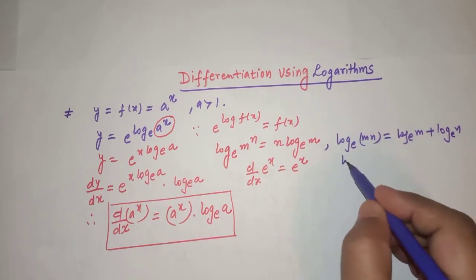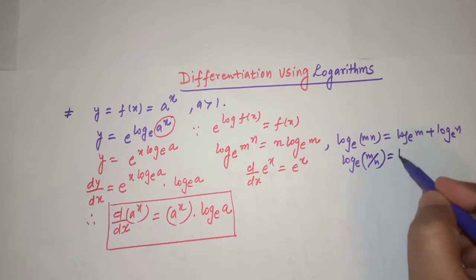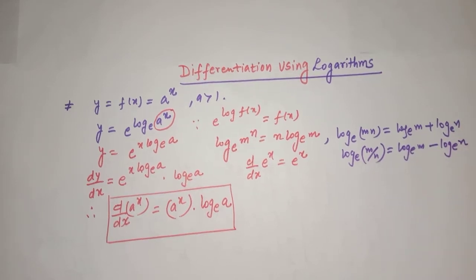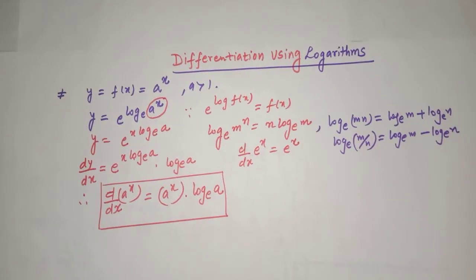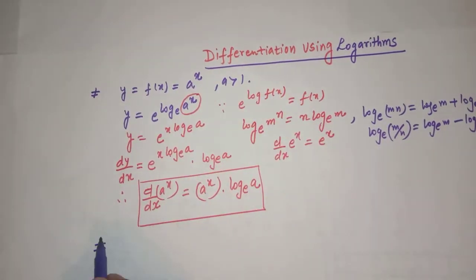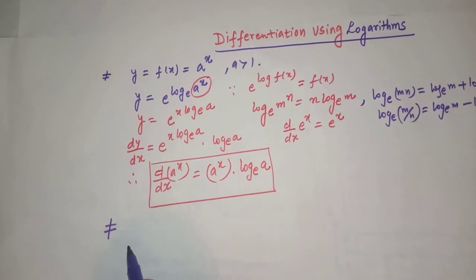Similarly, we have log of m by n is equal to log m minus log n. Clear? Now this is one thing. Now let us come to the second thing, which I think is the most important result in logarithms.